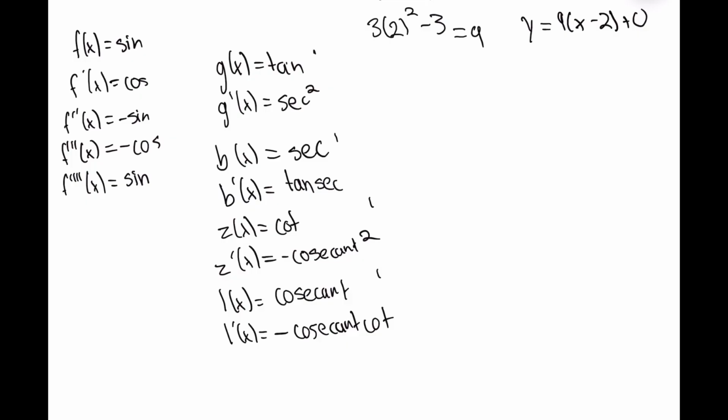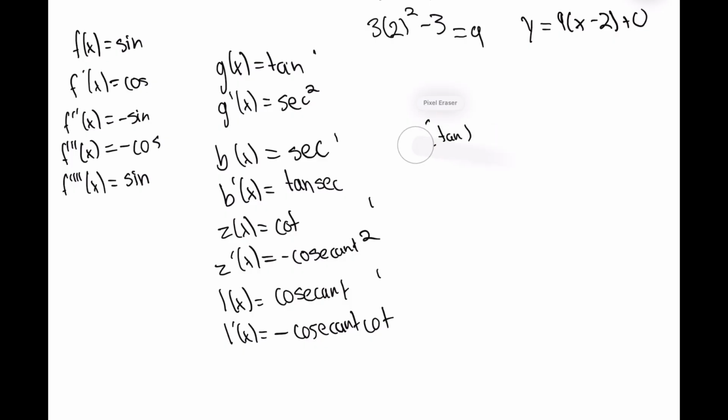Because as long as you remember the co-functions, you could use a little trick, I guess. The key to remembering these is that the co-functions are just like an add-on to the regular functions. So the derivatives of these co-functions are just negative co of the normal functions.